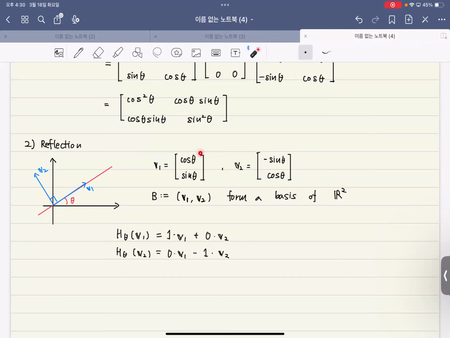So this choice of basis is very convenient. The computation of this matrix is very easy. Therefore, H theta, the representation of this linear transformation in terms of basis B, is merely 1, 0, 0, -1.